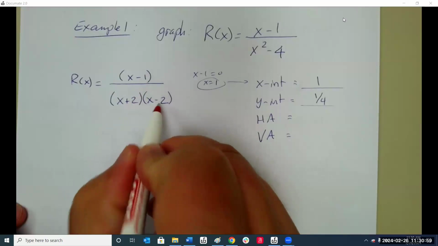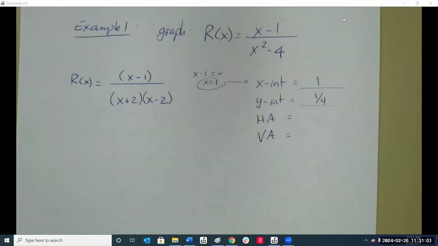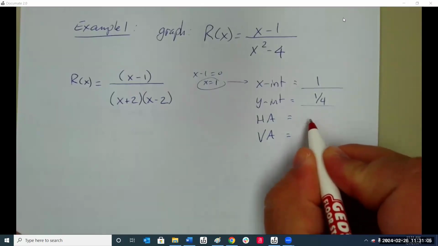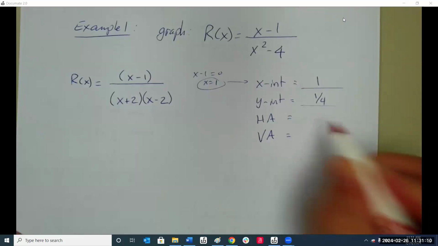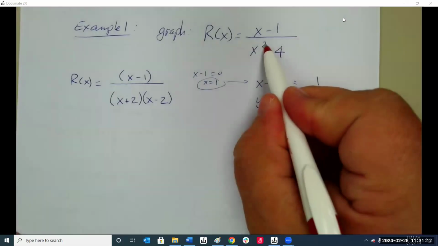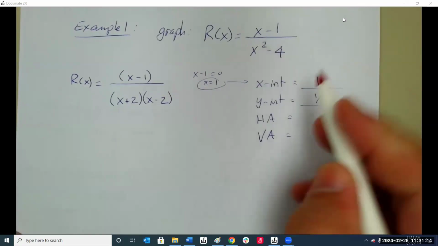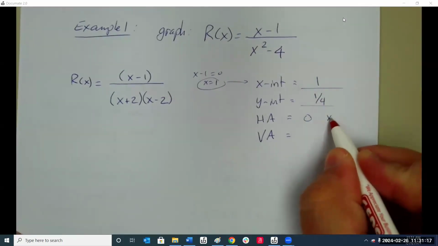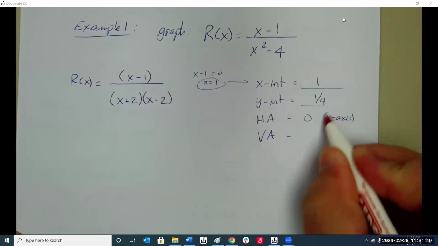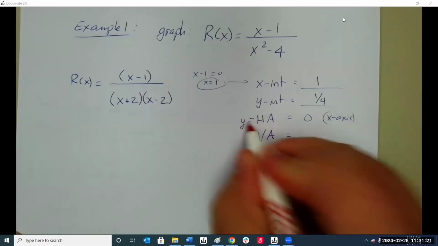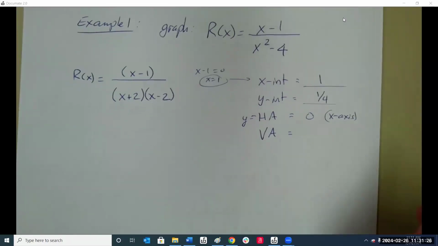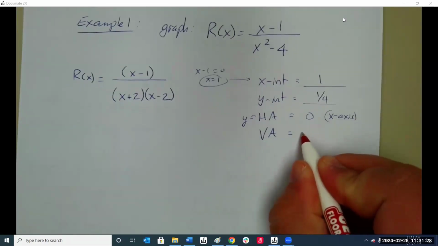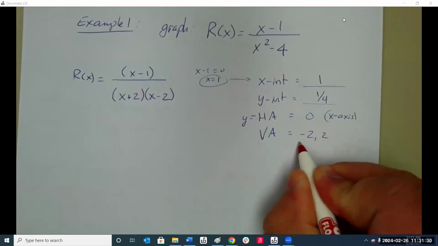So it's -1 over -4, which is 1/4. Horizontal asymptote? It is 0 because there are more x's on the bottom. So it's 0, which means it's the x-axis. The horizontal asymptote is the y value. It's a horizontal line through y. Vertical asymptotes.